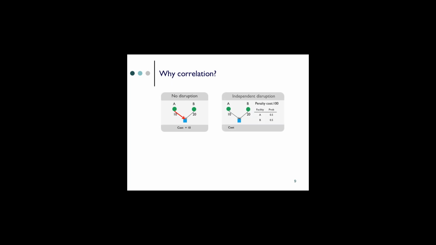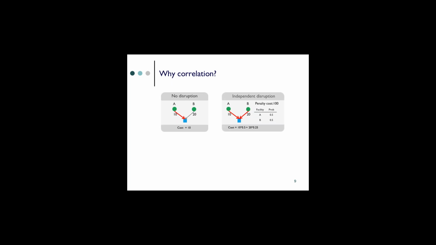If there are independent disruptions, we assume that facilities A and B both fail with probability 0.5. Then if facility A is functioning, the customer will be served by A with probability 0.5. Then if A is disrupted and B is functioning, the probability is 0.25.